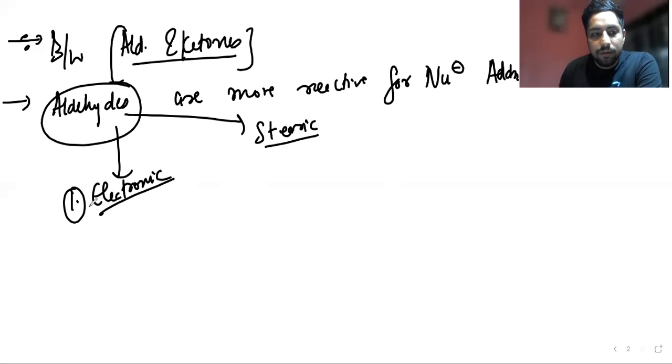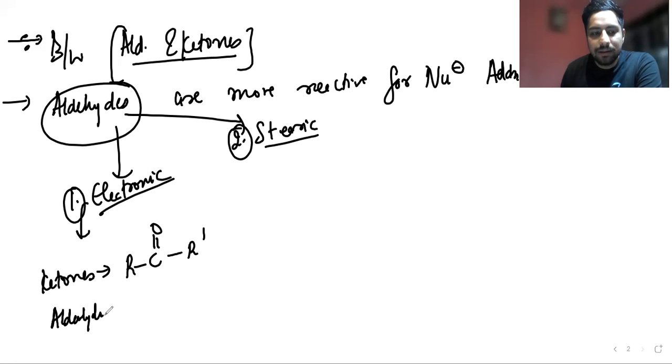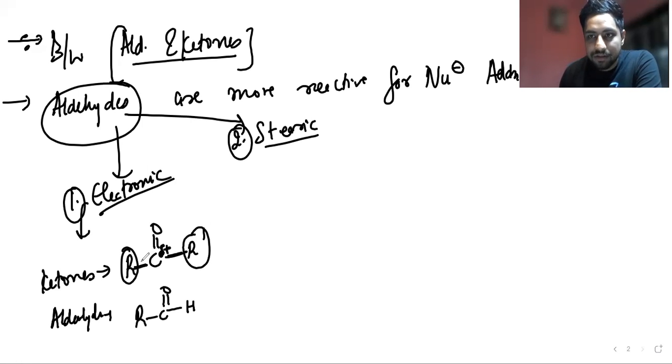What is this electronic reason? In ketones, the formula is RCOR', and in aldehydes the formula is RC double bond O and H, right? Now we know this R group has a plus I effect, meaning it is electron donating in nature. We have discussed that this carbon has a partial positive charge because of the electronegativity difference between oxygen and carbon.